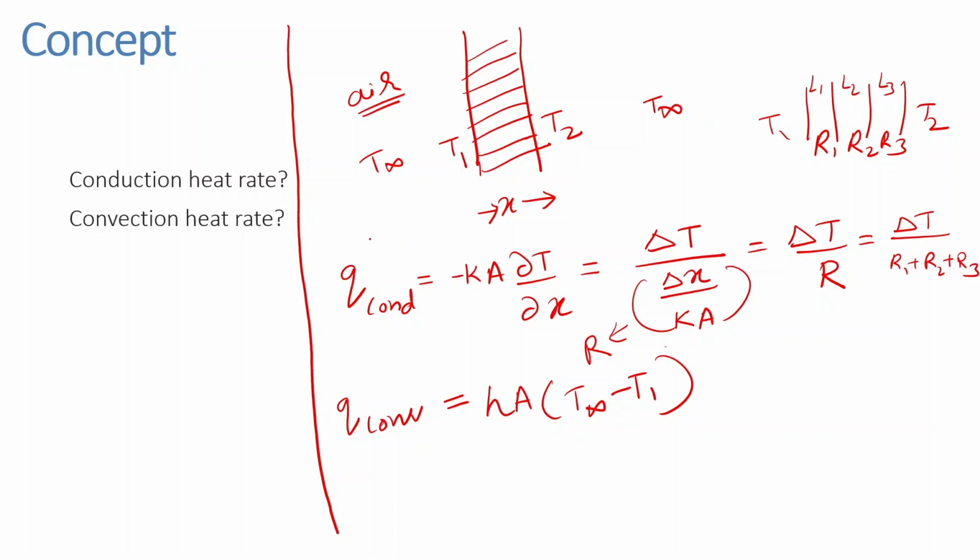And in this case, this convection and conduction will be equal since the heat transfer is happening across the surface. So here we can also write Q conduction is equal to Q convection. We'll be using this basic concept to solve the question that we were discussing earlier.